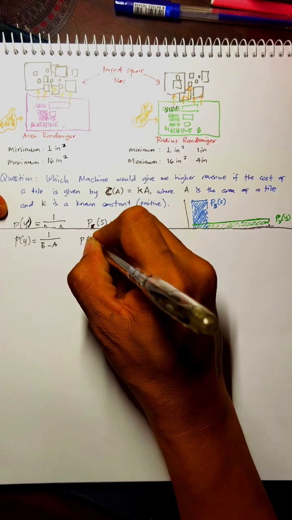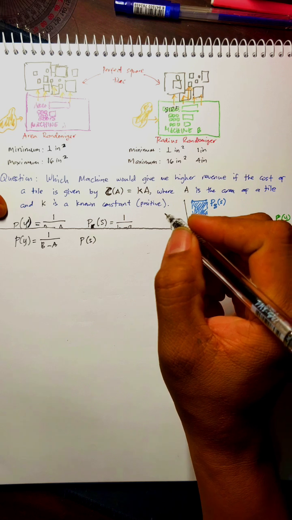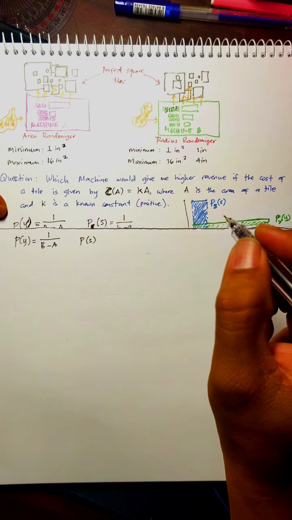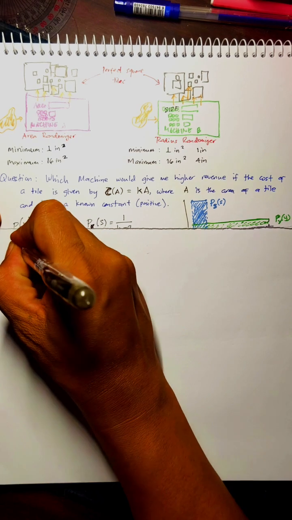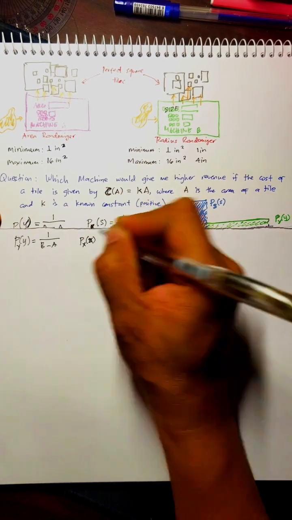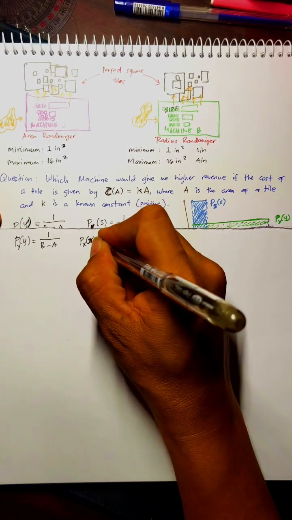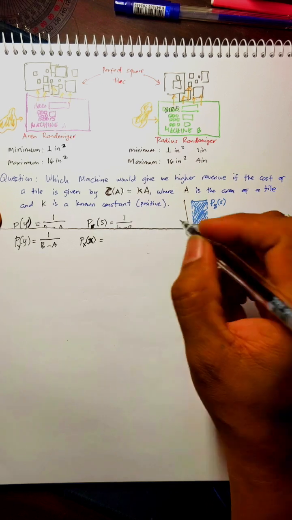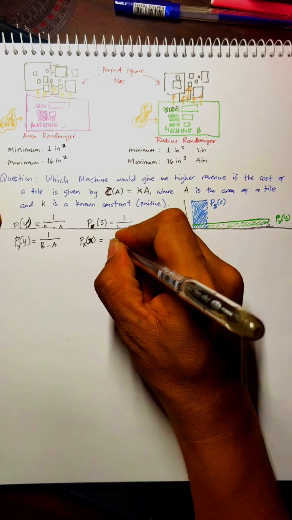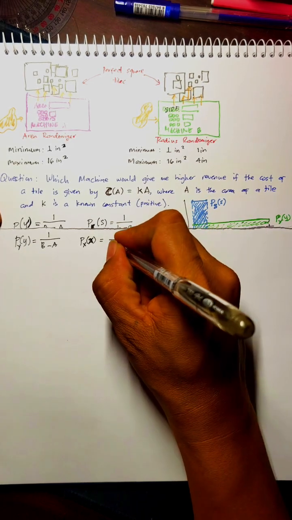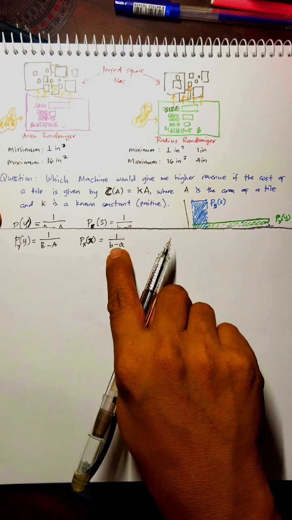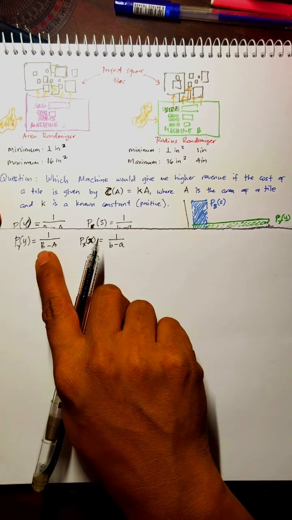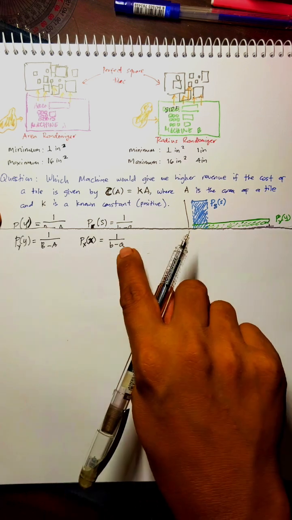And for P of S, maybe I'll just use X here. This is random variable Y and random variable X. So the density function for X is, since it is again a uniform, 1 over small b minus small a, where a is 1 and b is 4. Here, capital A is 1 and capital B is 16.